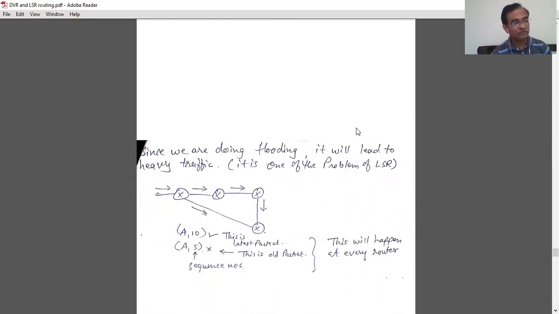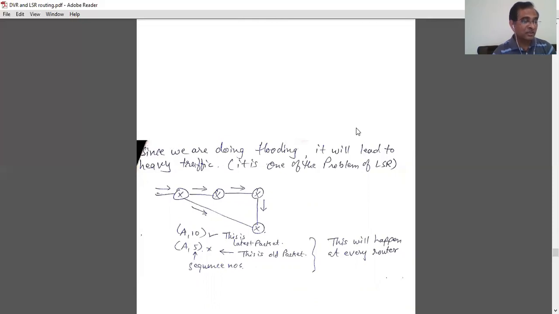The neighboring nodes will come to know the sequence number. Let's say A is broadcasting one packet with sequence number 10, and there was an old packet with sequence number 5. By the sequence number, the neighboring routers will come to know that this is the latest packet, and the other one is the old packet.